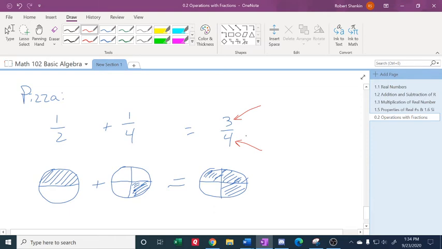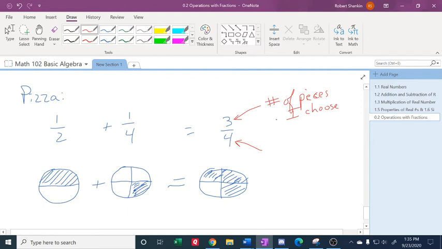The 3 represents the number of pieces. Number of pieces I choose.